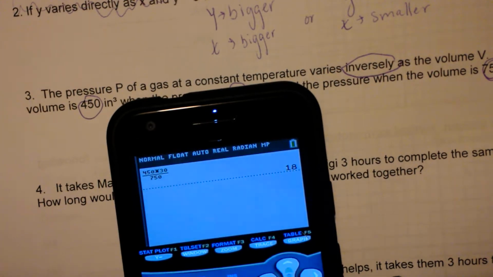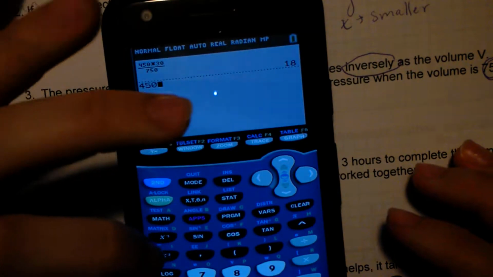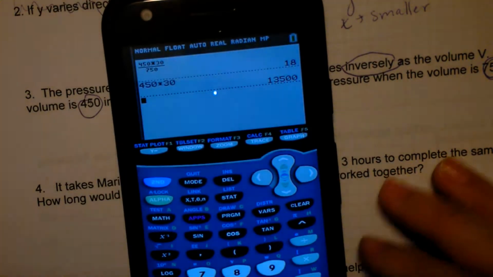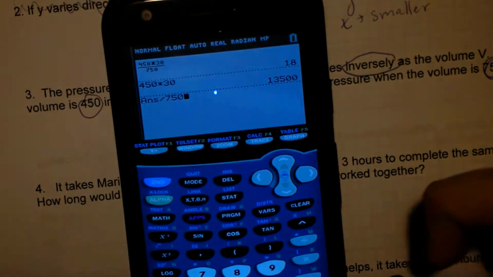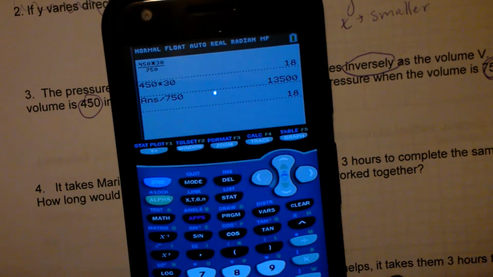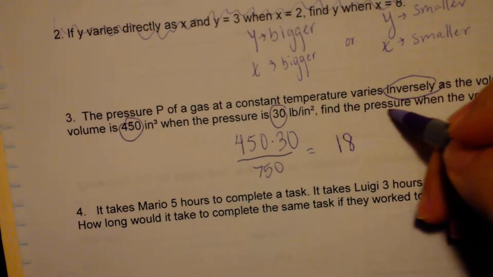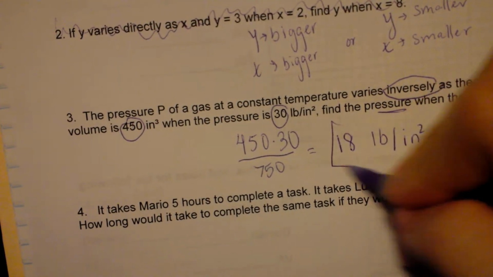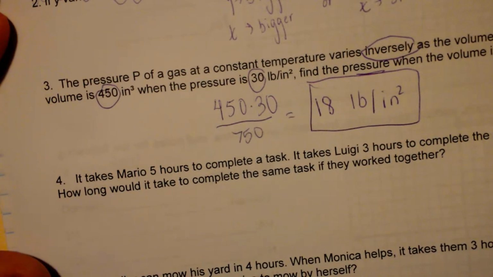You could also just multiply them together. 450 times 30, and you get 13,500, and then divide by 750. Whichever's the easiest for you. So you get 18, and then you're looking for pressure. Pressure is in pounds per square inch. It's an odd unit, but whatever.